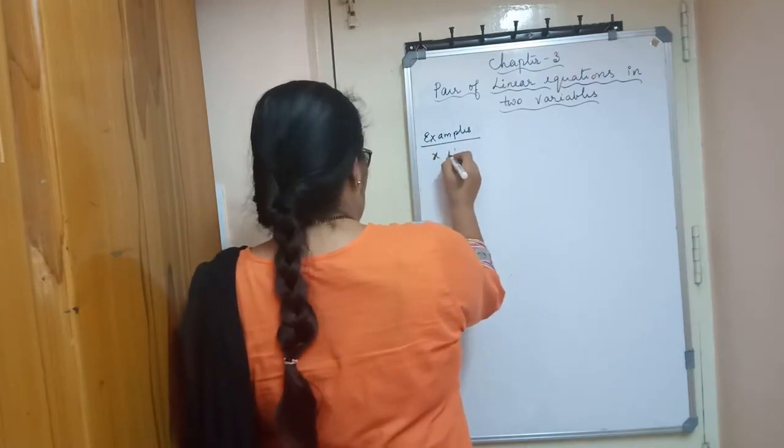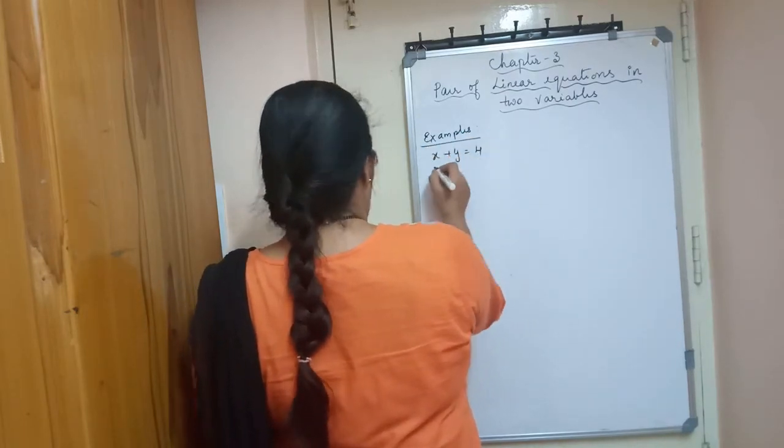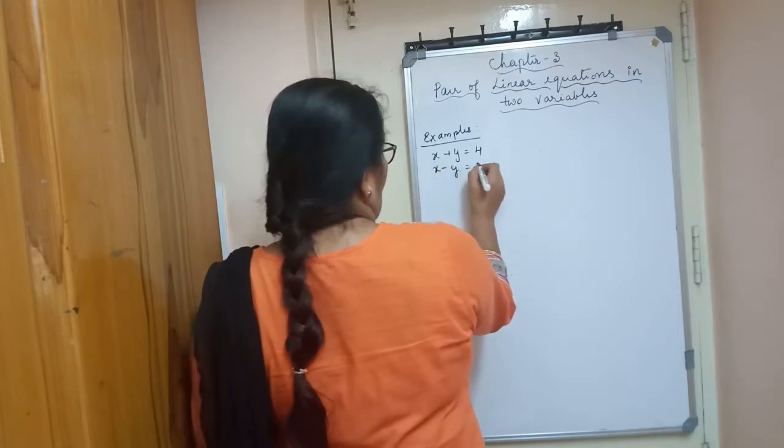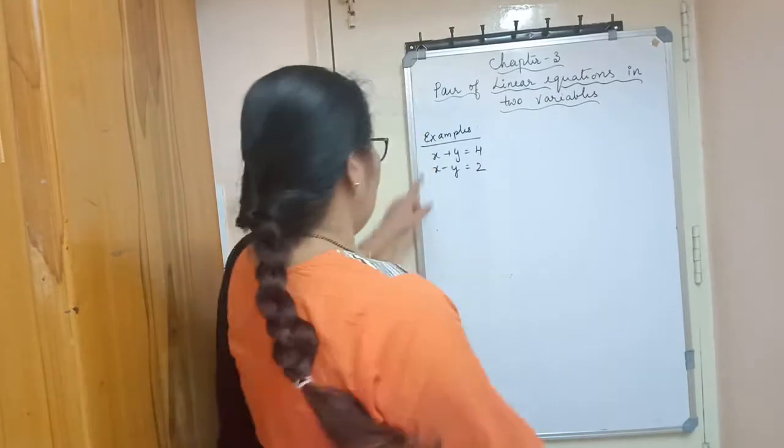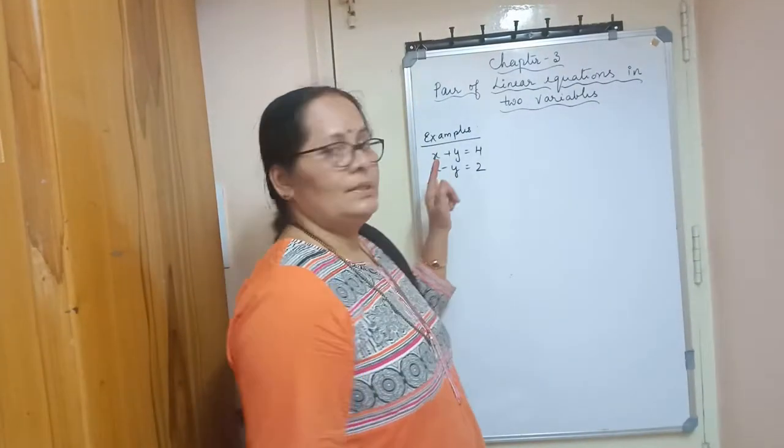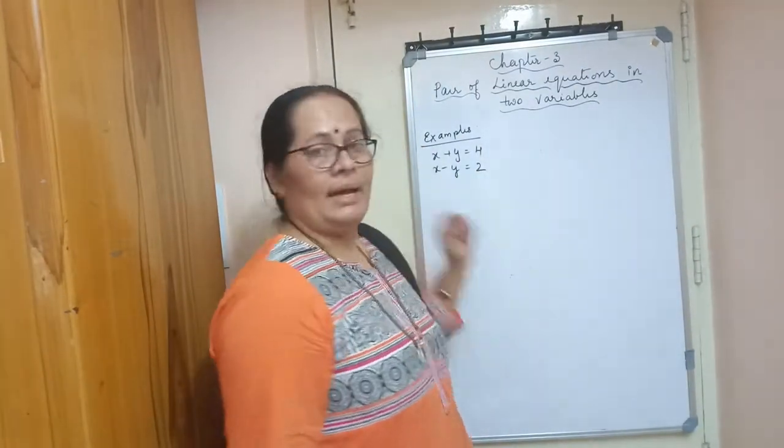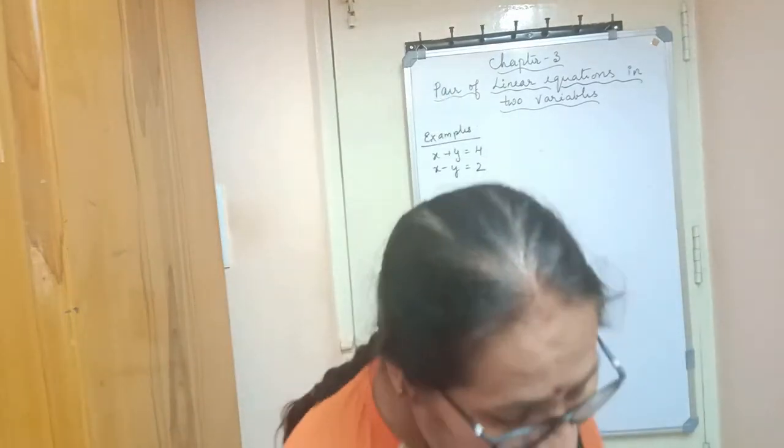So, the first one is x plus y equals 4 and x minus y equals 2. So, this is a pair of linear equations.